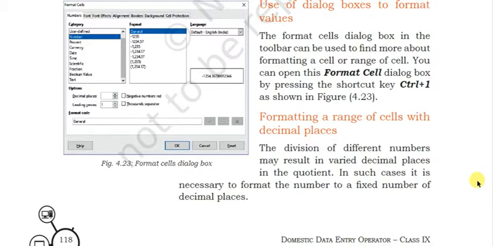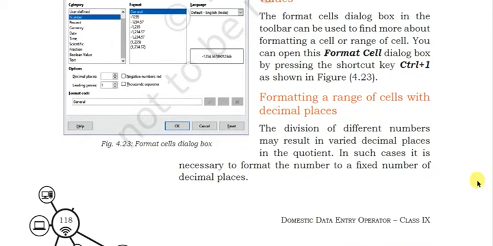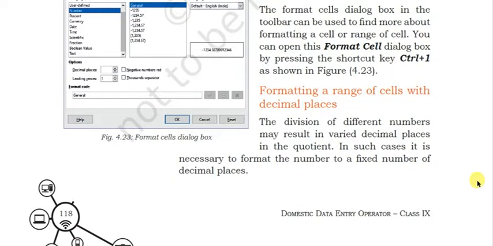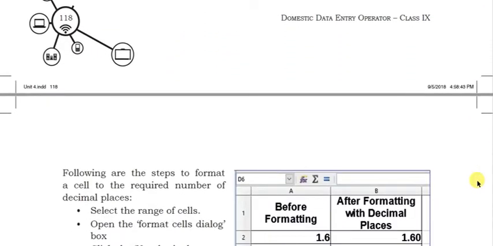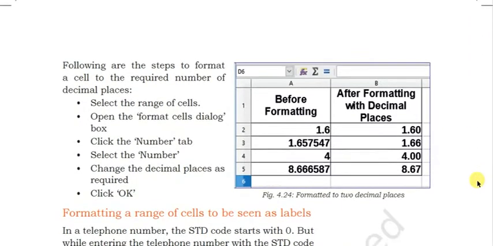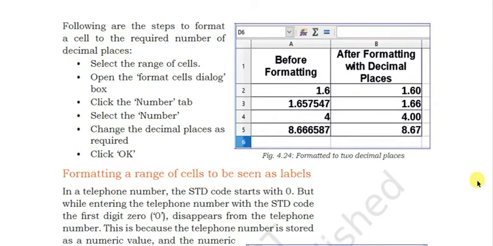When you are working with numerical data and you divide some numbers, then the answer can vary in decimal places. So you need to format the number to a fixed number of decimal places. You can see in this figure, before formatting you have different type of result, but after formatting you can have similar type of result.